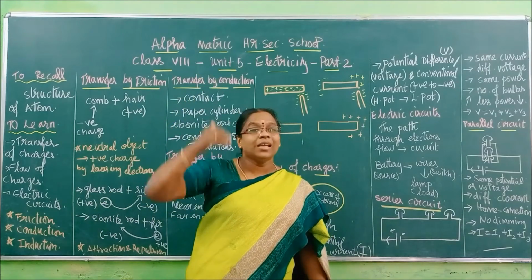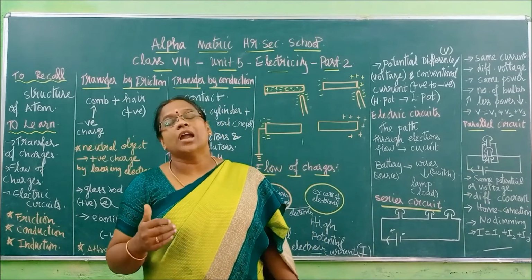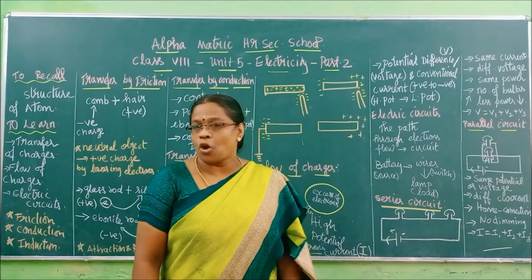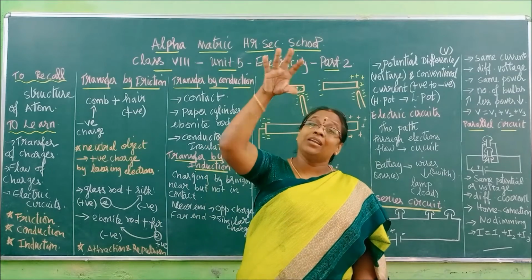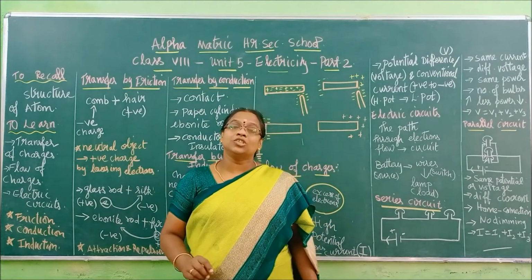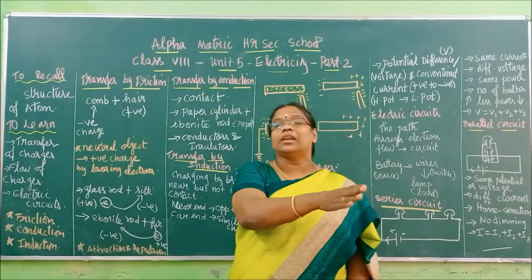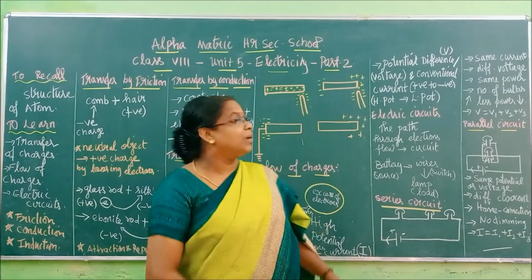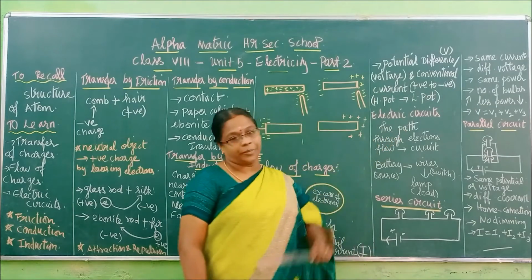After that, the discovery was made that current is due to the flow of electrons. The current that scientists assumed to flow from positive to negative is called conventional current.